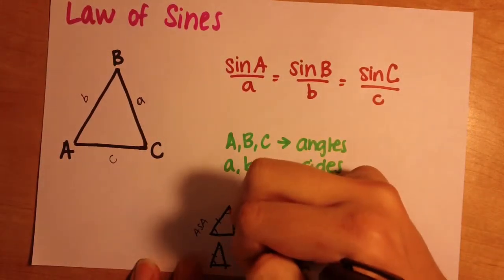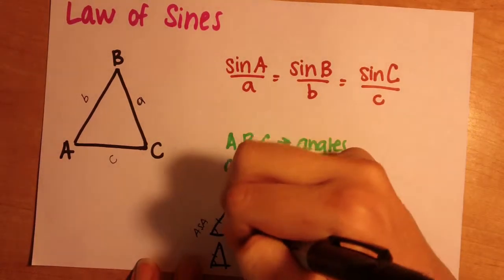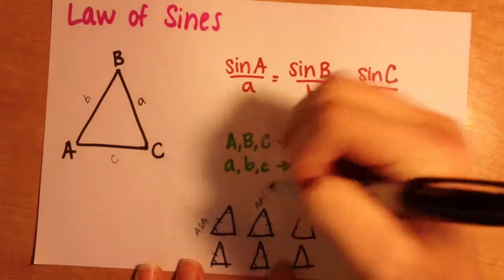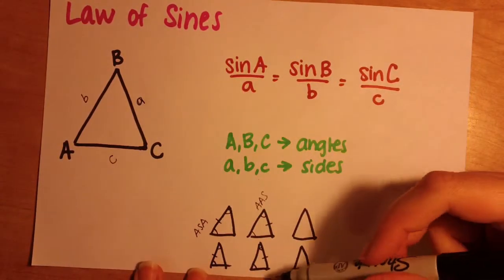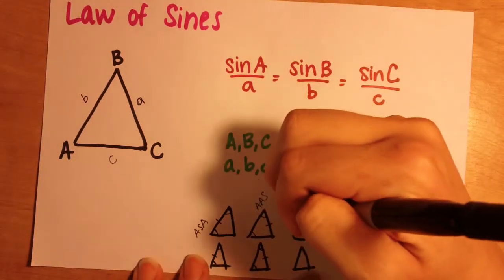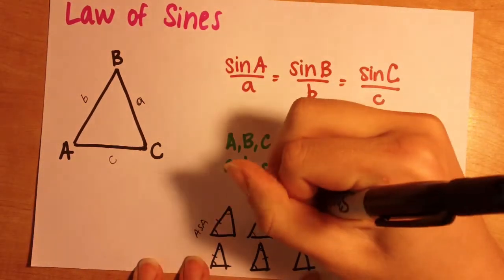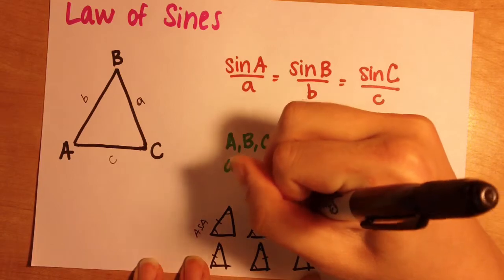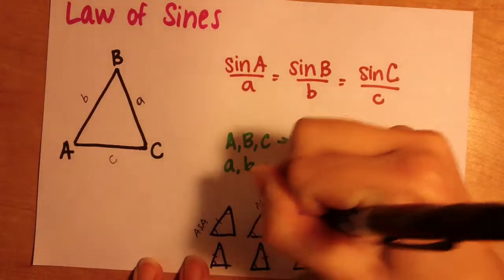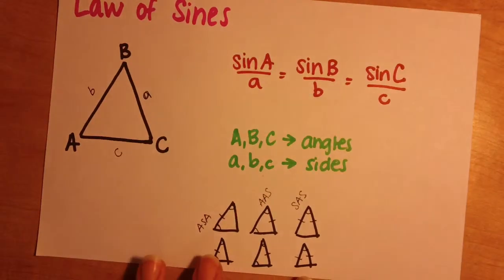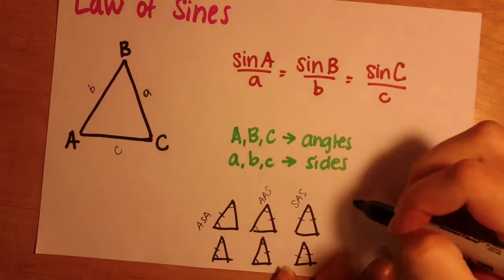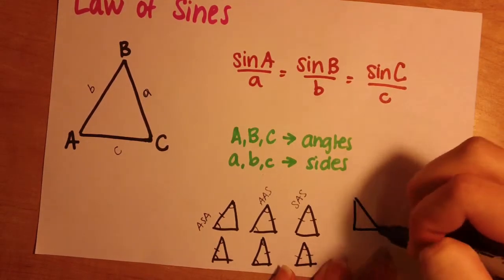We had angle, angle, side, where we had two angles and the side was not included. And we had side, angle, side, which is also congruent.